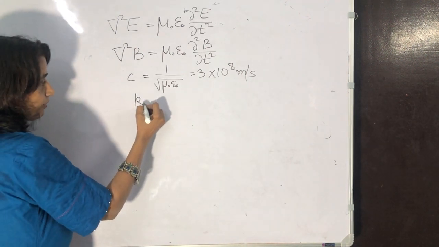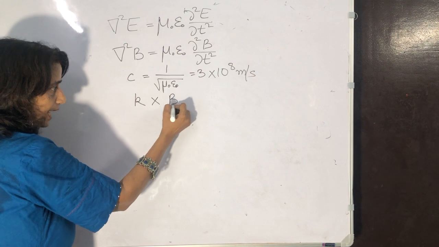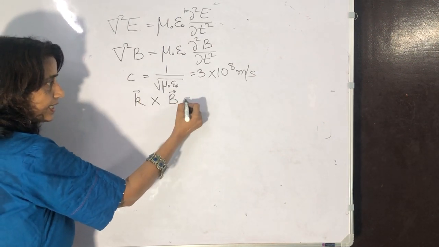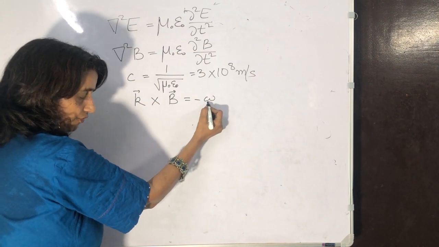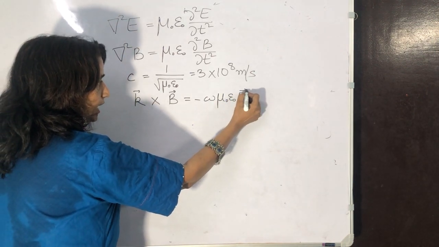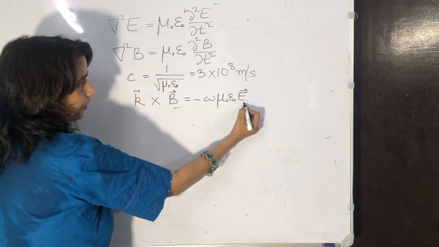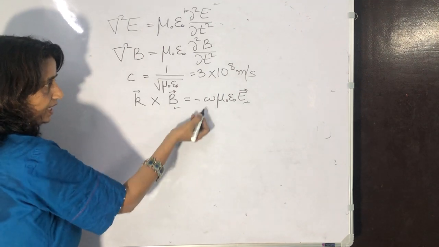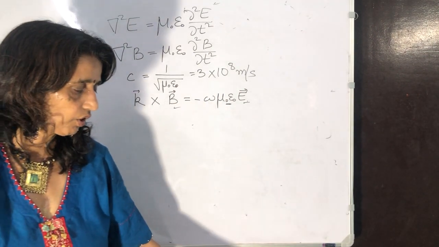So the wave propagation vector K cross the electric field is equal to omega into B. This just proves that the electric field and magnetic field are perpendicular, and then both are perpendicular to the velocity of light.